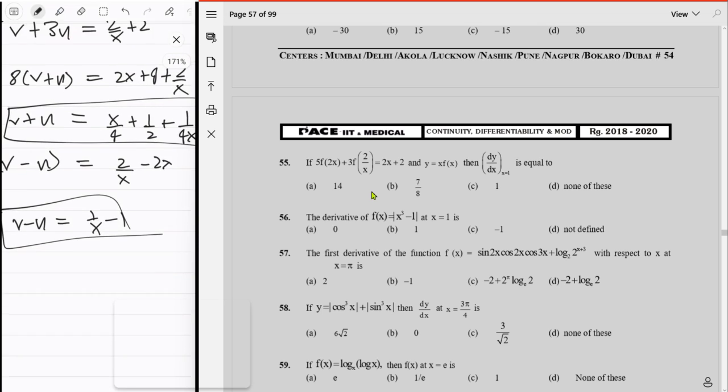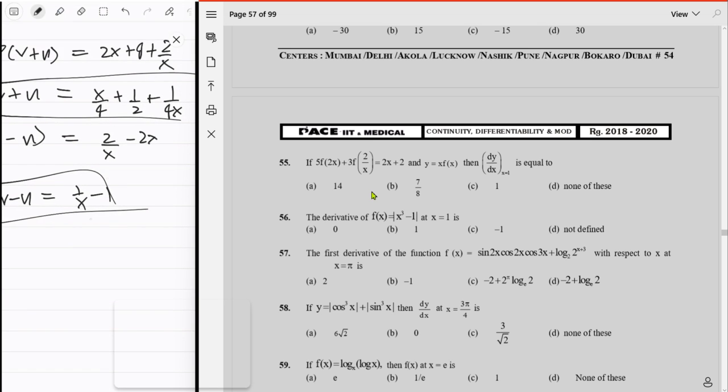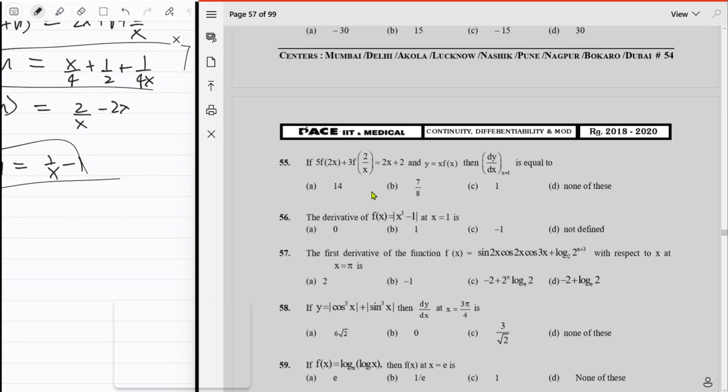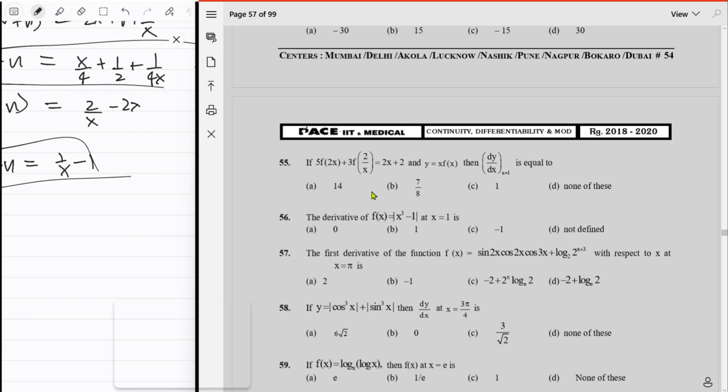So v is just the average of these, this plus that upon 2. It's like x upon 8, then negative 1 upon 4, and 5 upon 8x.